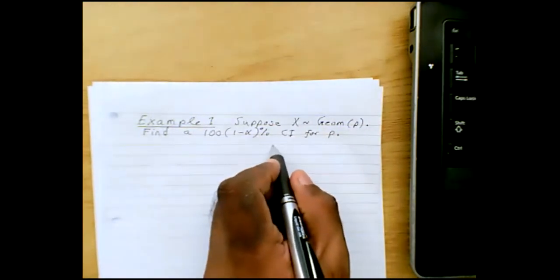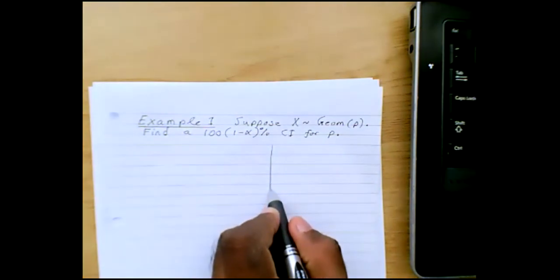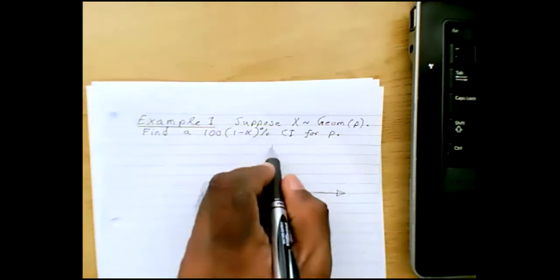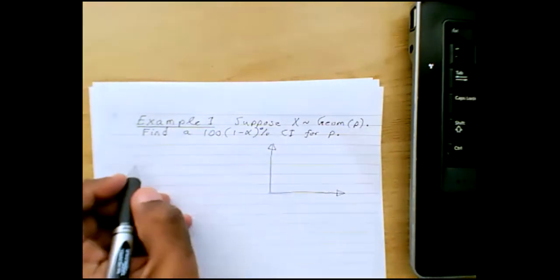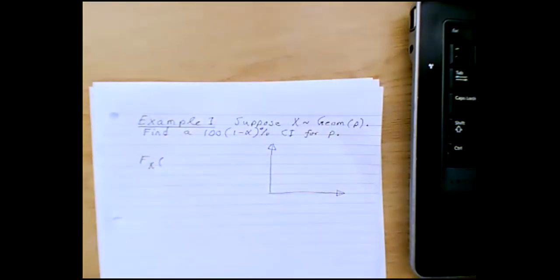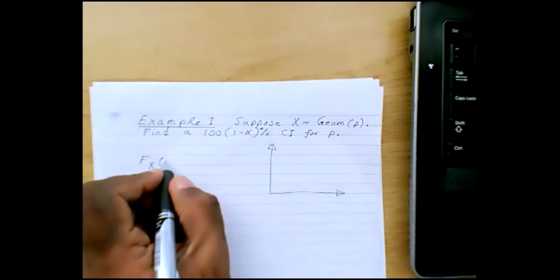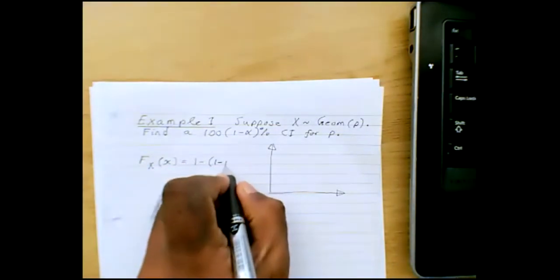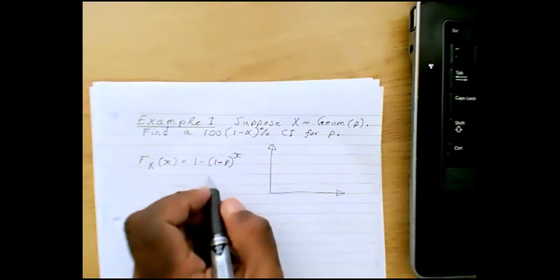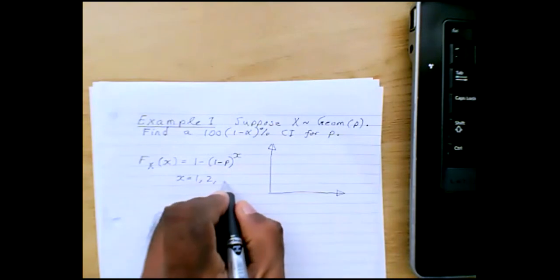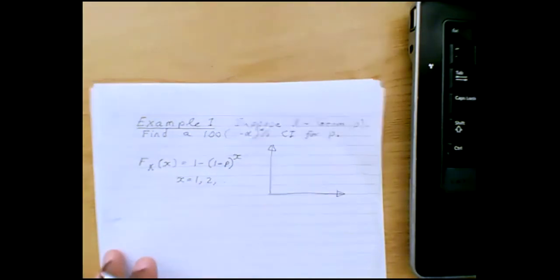Now, what you should do is always, you know that the CDF of a geometric random variable is 1 minus (1 minus p) power x, for x going from 1 up to infinity. This is the CDF.